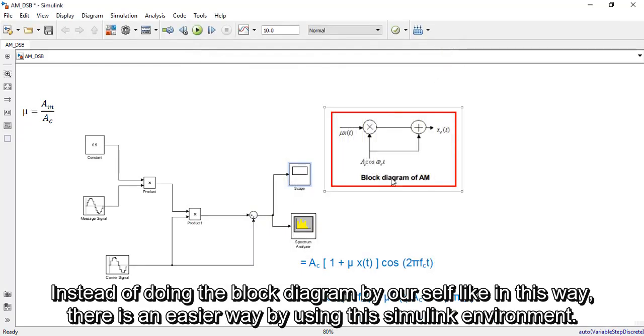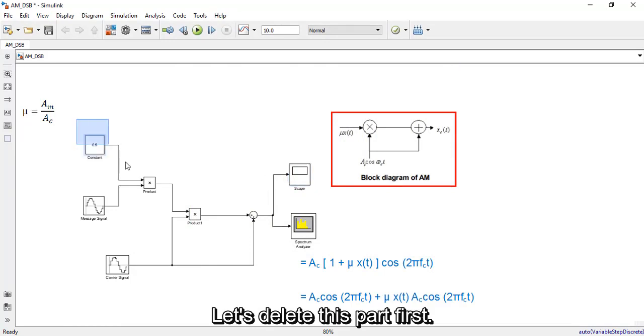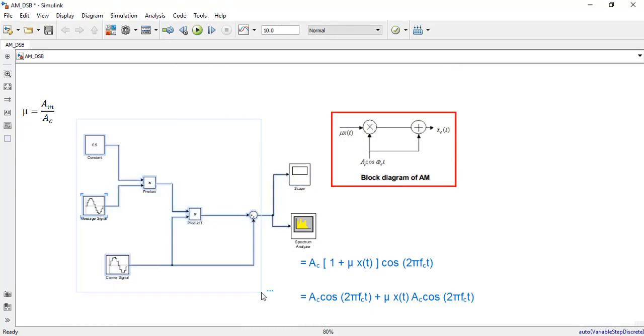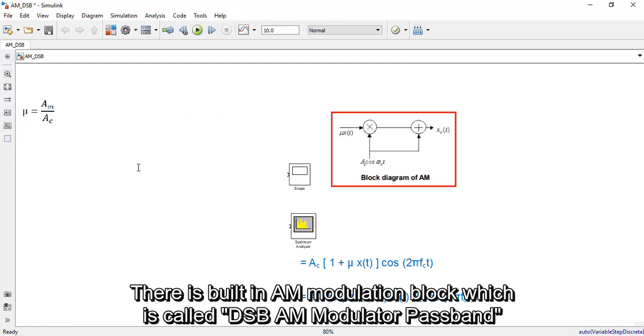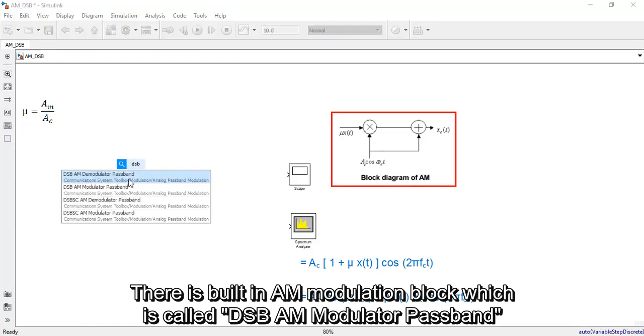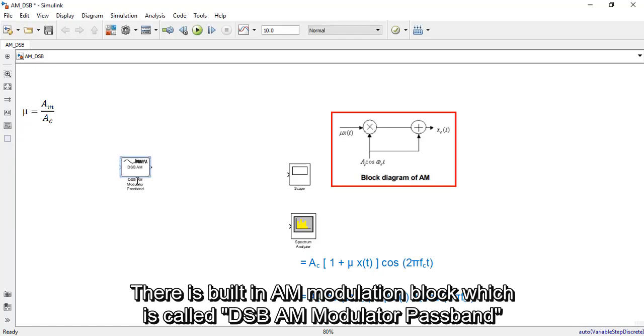Instead of doing the block diagram by ourselves like in this way, there is an easier way by using this Simulink environment. Let's delete this part first. There is a built-in AM modulation block, which is called DSB AM modulator passband.